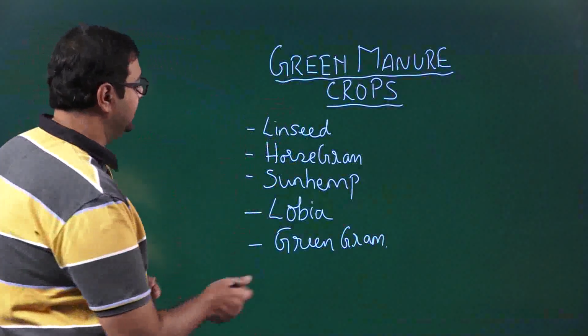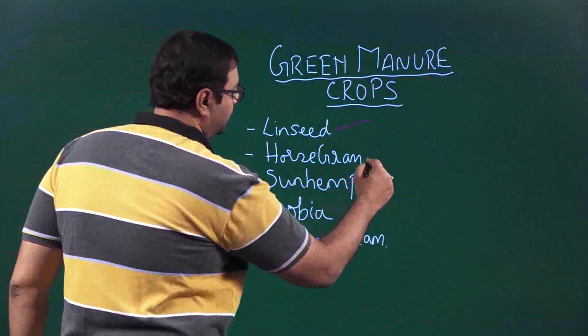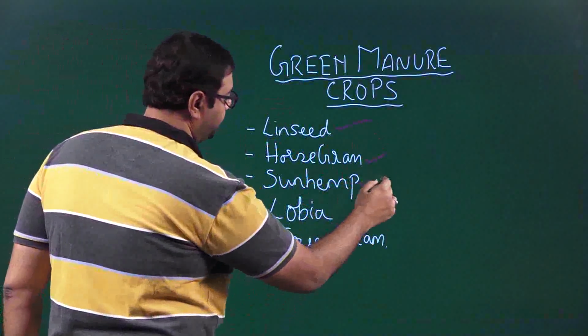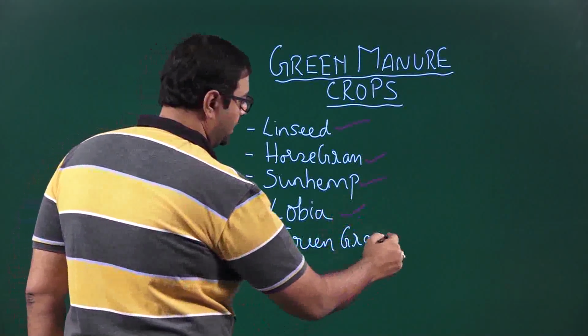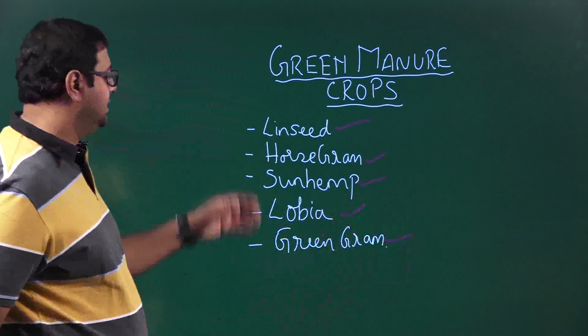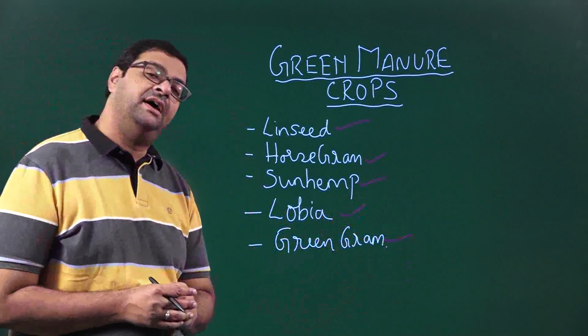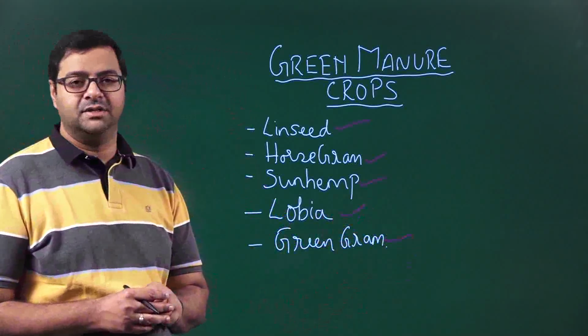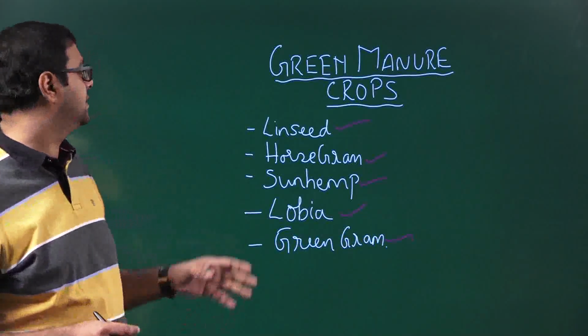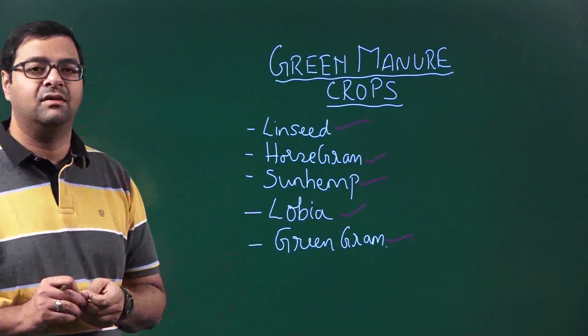That is the linseed crop, horse gram, sun hemp, which we discussed, lobia, and green gram. So these are the plants which are used as green manure. That is, they are grown and then they are ploughed back into the soil. So these are basically green manure crops.